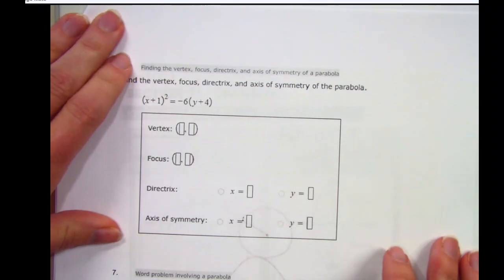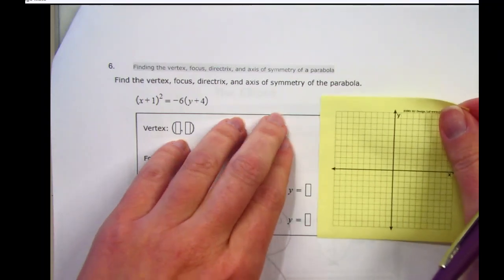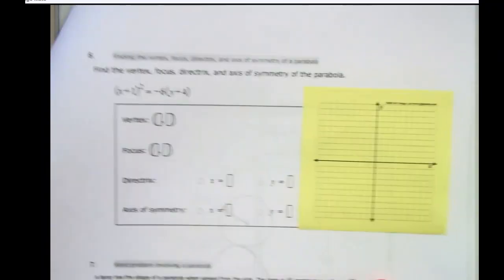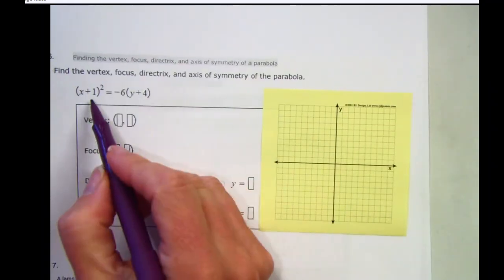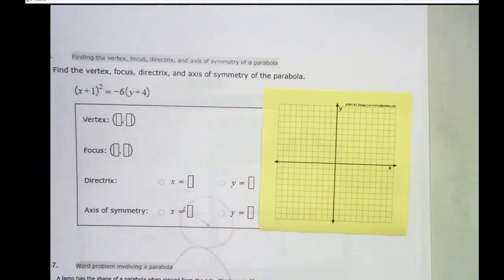So over here, we've got our parabola. Again, sometimes it just helps me to sketch it and know what I'm looking at. All right, so I've got an x squared. Which way does it open if it's an x squared?